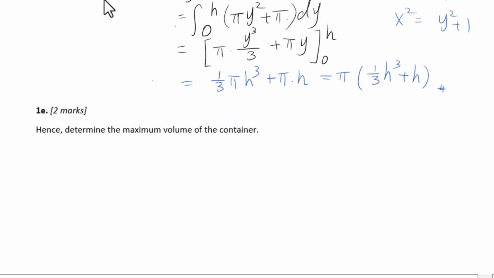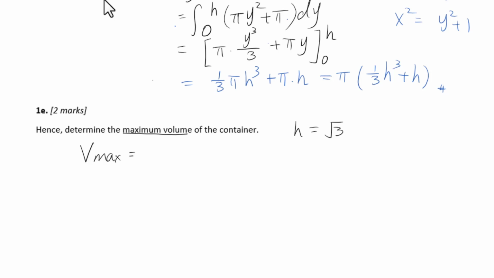Let's go to 1e. Hence, determine the maximum volume of the container. When h equals square root of 3, we have a maximum volume. We will use this formula.